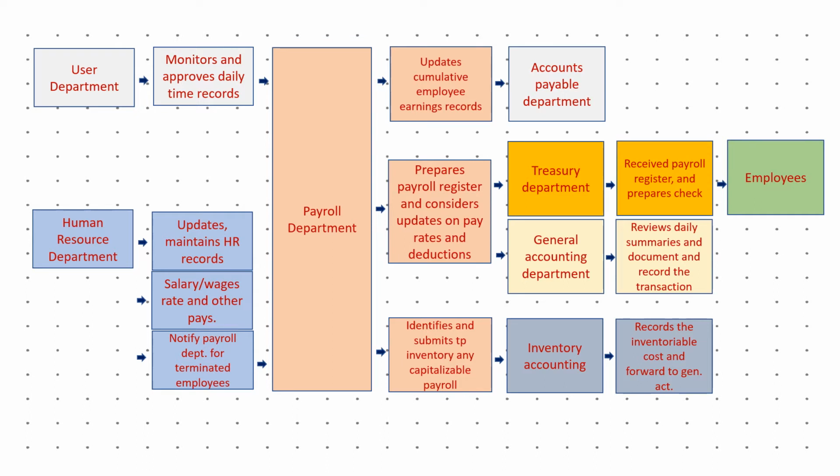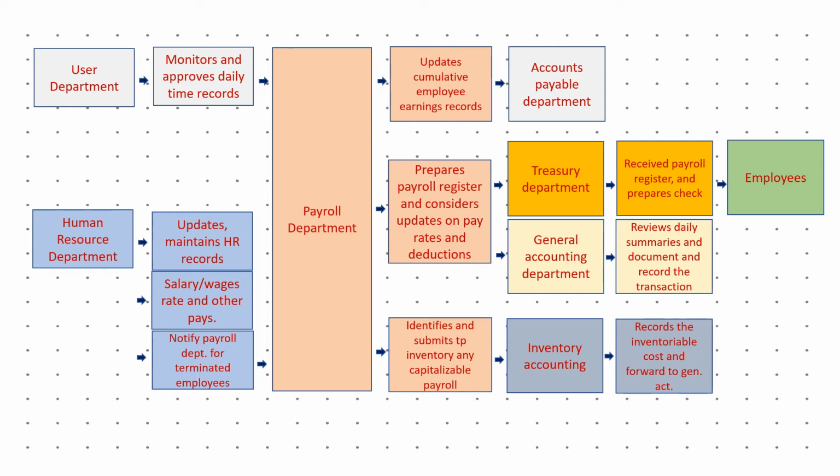So each department in the users department will have to track their employees' time records. Under the users department, they will monitor and approve daily time records. The employees who did overtime are the ones they monitor.